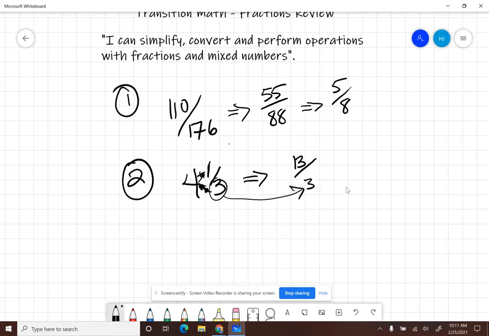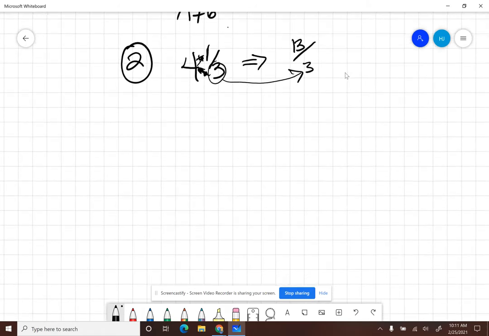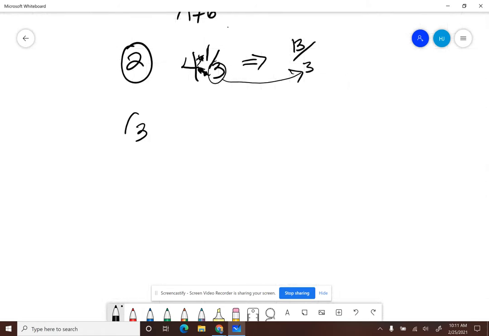All right. So now let's move on up here, and let's look at number 3. In number 3, we're converting an improper fraction to a mixed number, so it's just the reverse of what we just did. So if I'm given 18 over 11, I'm basically going from this back to this, okay? So what I'm going to do here is see how many times 11 will go into 18 evenly.